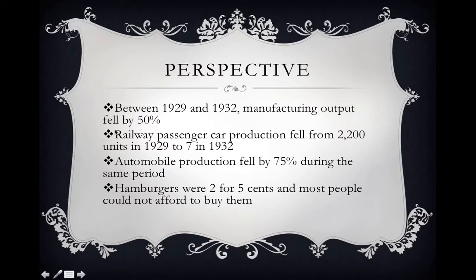Also, take a look at railway passenger car production as just one indicator. All right, 2,200 railway passenger cars were produced in 1929. This fell to 7 in 1932.